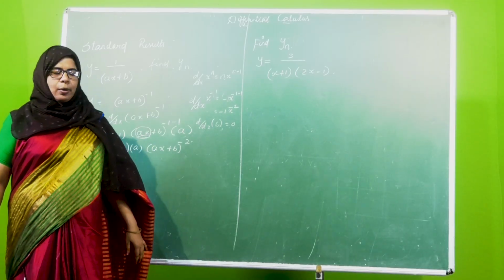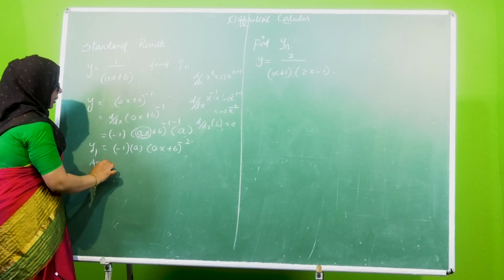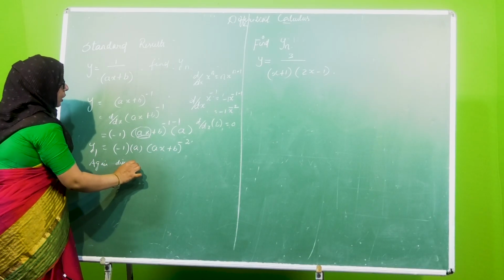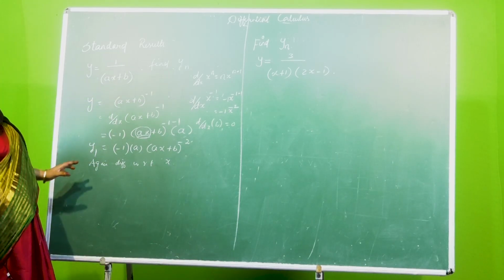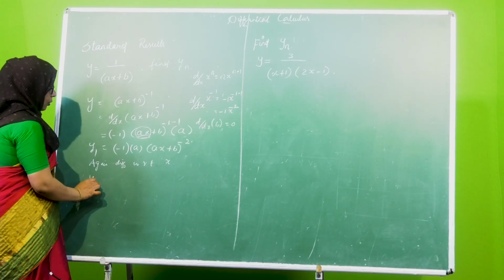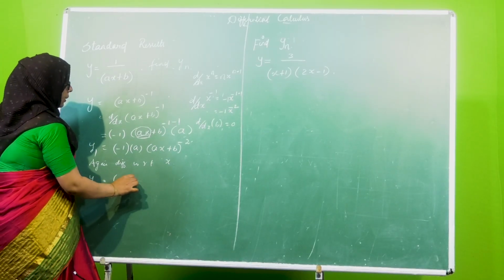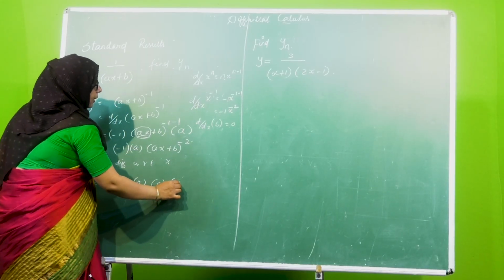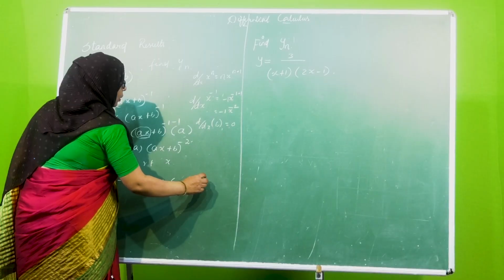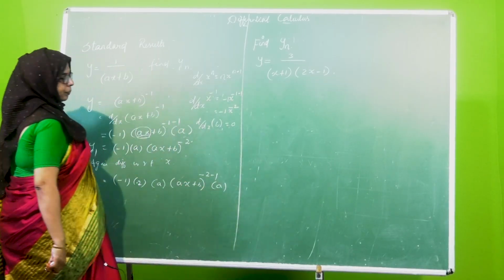Now the second derivative, that is again differentiate with respect to x, that is y2. What is minus 1? So minus 2 into ax plus b whole power minus 2 minus 1 into a.